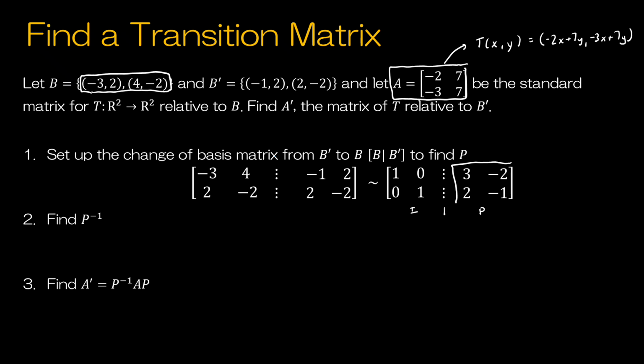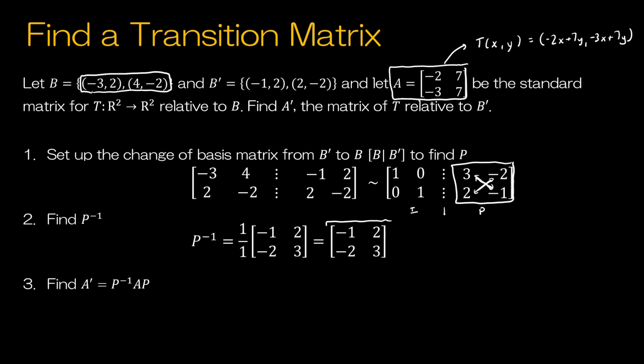So this gives me matrix P, and now I can find the inverse just the way that I normally would. 3 times -1 is -3 minus -4. That gives me a determinant of 1, so it has an inverse. So 1 divided by 1, I change the location of the first diagonal and the sign of the second diagonal, and that gives me P inverse.